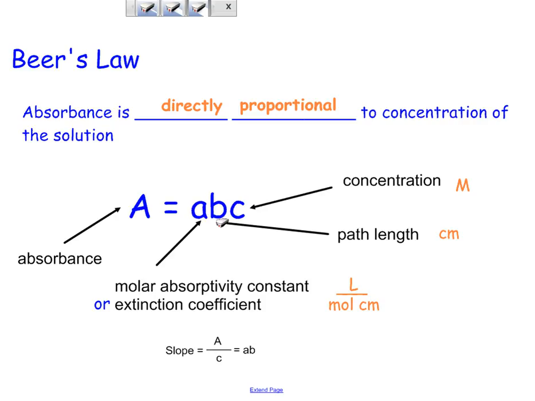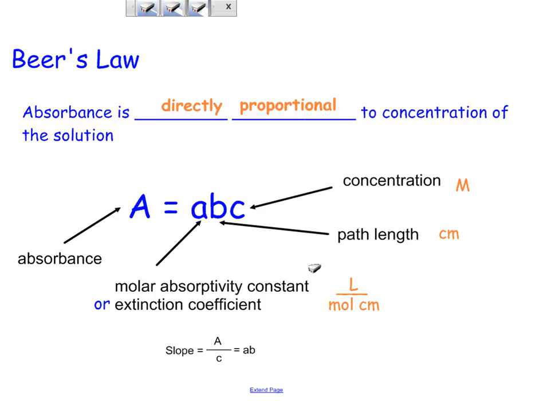In our machines, it's 1 centimeter, times the concentration. Anything with a logarithm is unitless. So because absorbance has no units, and we have a unit of centimeters here and molarity here, the molar absorptivity has to have a unit of liters per mole centimeter.